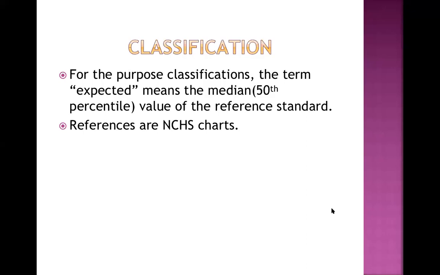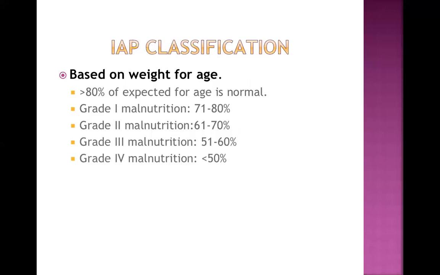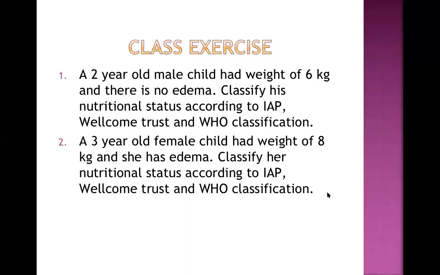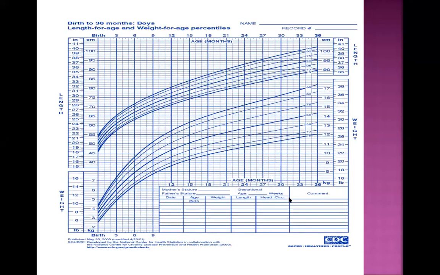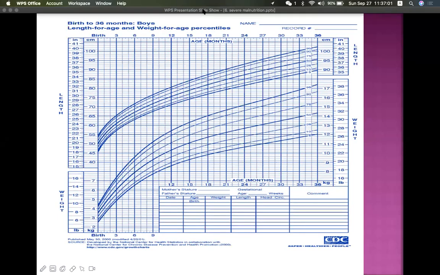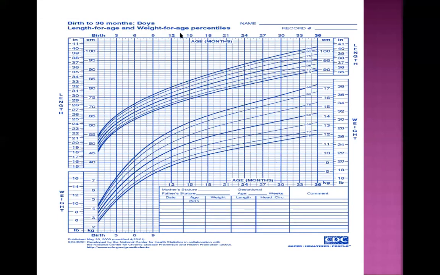Now let me quickly show you that chart, and I'll move further. Now see there. This is the chart which I already showed in the last class also, if you remember.